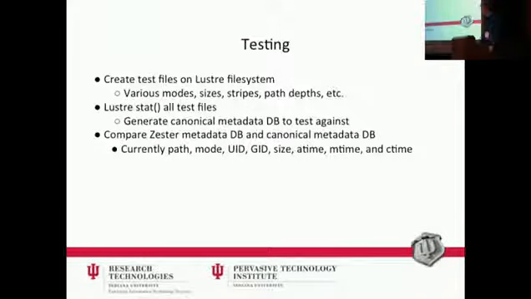You run this against your MDT and OST ZDB dumps and you have a metadata DB that's the way Zester thinks things are. Then you run this canonical stat generation utility, and now you have another database that you're sure is how Lustre views it. Then we have a tool that goes through one by one and compares those.